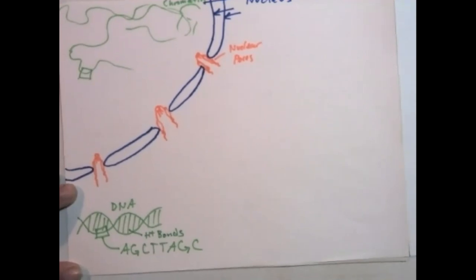Essentially, this double helix is made up of nucleotides, A's, G's, C's, T's. These lines here are representing hydrogen bonds between complementary bases.